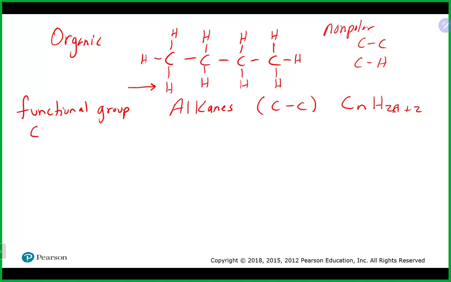So again, if you have 1 carbon, you will have 4 hydrogens. 2 times 1 plus 2 is 4, and that is methane.